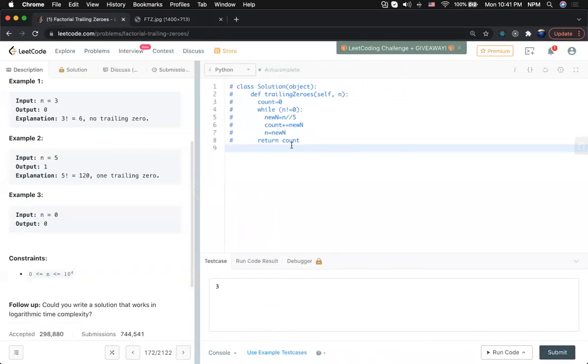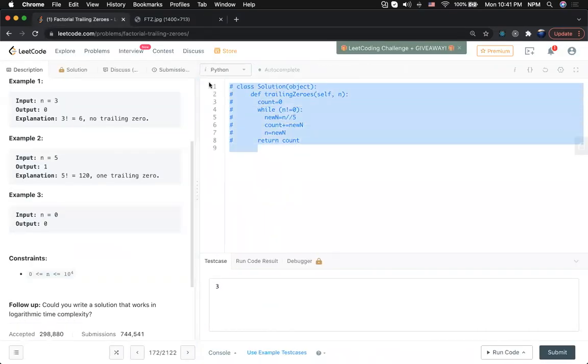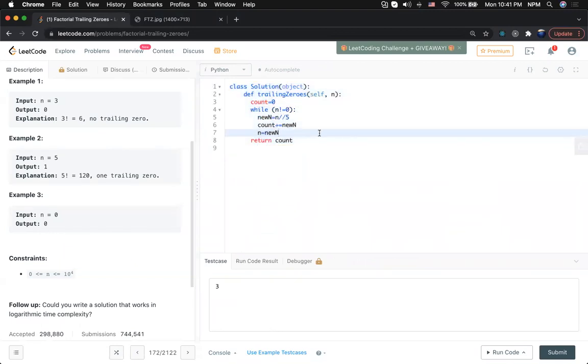Let me comment this out. Okay, all we have is a function called trailing zeros, which takes in n as an input, and n is the factorial that we want to find the number of zeros for.